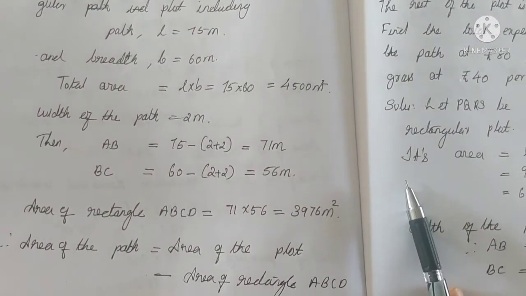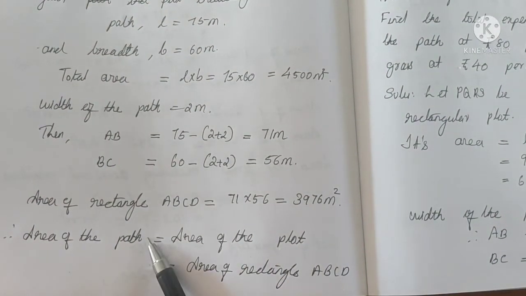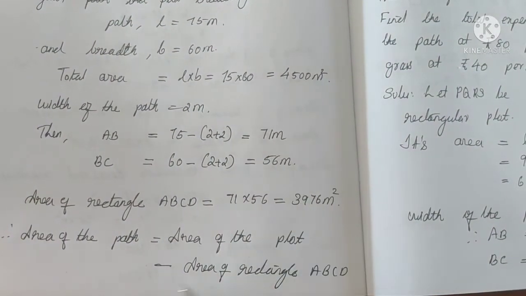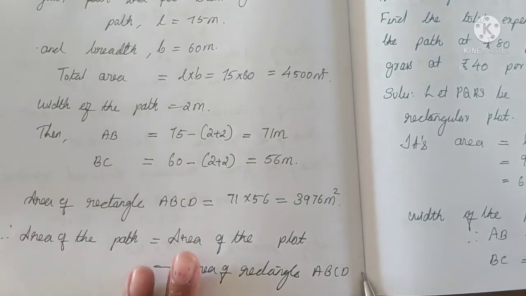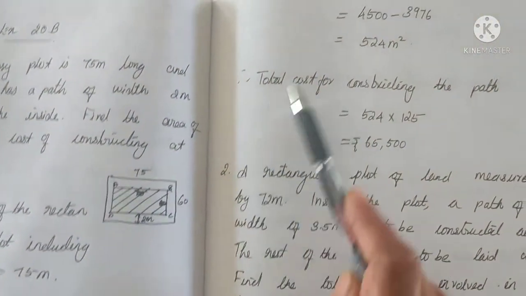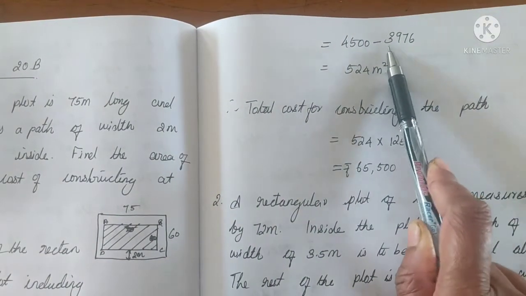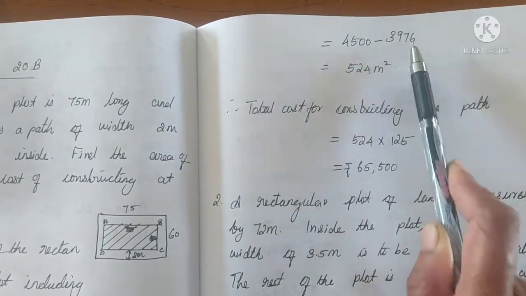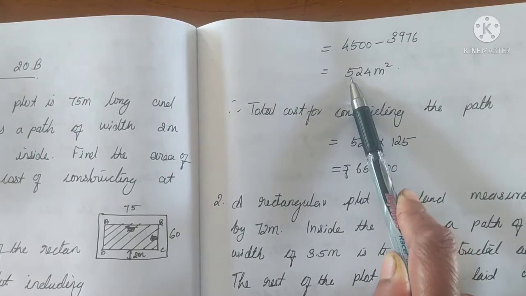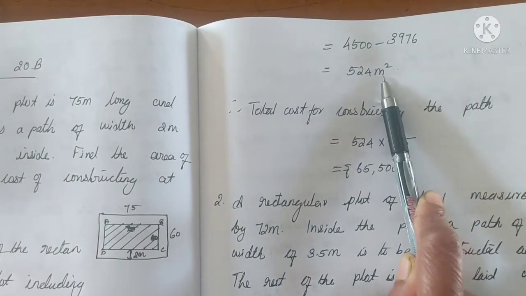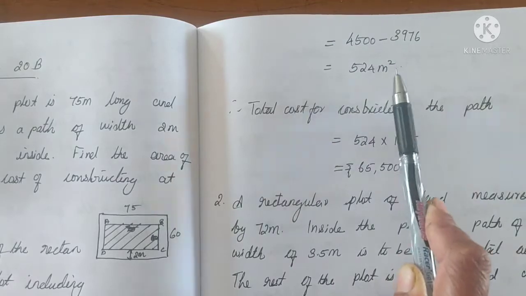That is, area of the path is equal to area of the plot minus area of rectangle ABCD, which is equal to 4500 minus 3976, which is equal to 524 meters square. This is the area of the path.